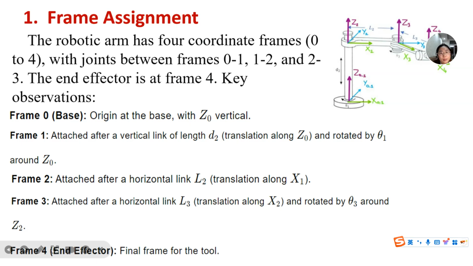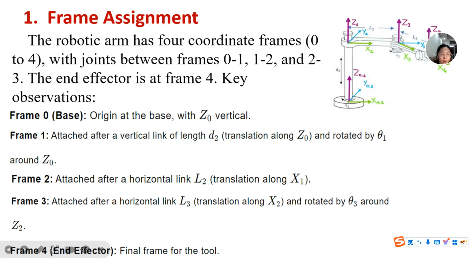Frame 1 is attached after a vertical link of length d2 and rotated by theta 1 around z0. Frame 2 is attached after a horizontal link L2, translation along x1. Frame 3 is attached after a horizontal link L3, translation along x2, and rotated by theta 3 around z2. Frame 4 is the end effector frame for the tool.